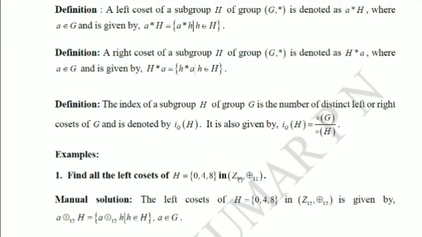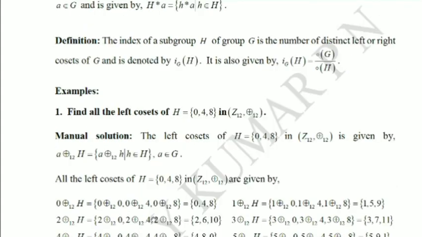And how many elements are there in Z12? 12 elements. So you have to give all the 12 values to A, and you have to find A addition modulo 12 H. That gives you all the left cosets of H in Z12.